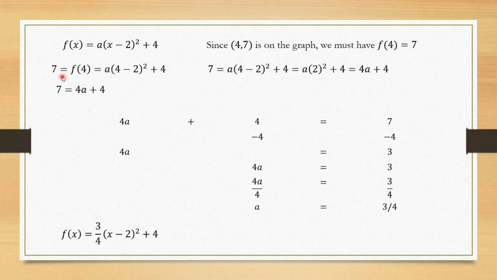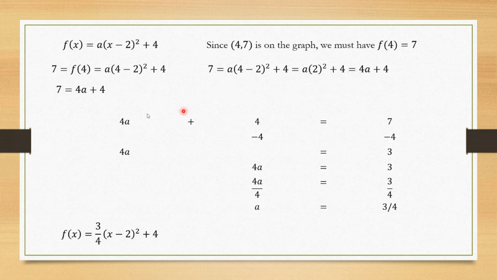So we have 7 is f of 4, which is also this. f of x was this, so we replace it. We've got to figure out A. Well, the right-hand side is A times 2 squared plus 4, which is 4A plus 4.